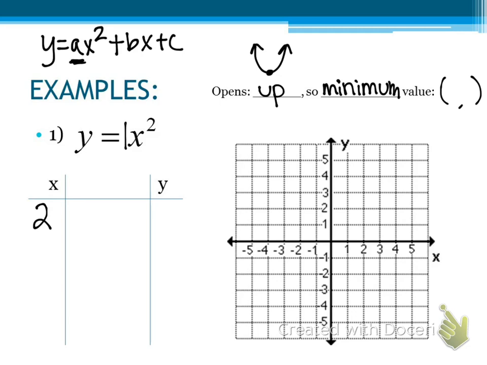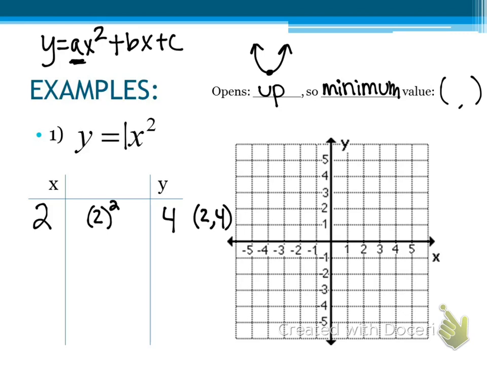2 should fit. So if we plug 2 in for X, that's going to be 2 squared in this case. So the 2 gets squared. What is 2 squared? 4. So our ordered pair would be 2, 4. That's the point that I would graph. So this middle column is just kind of where we show our work.